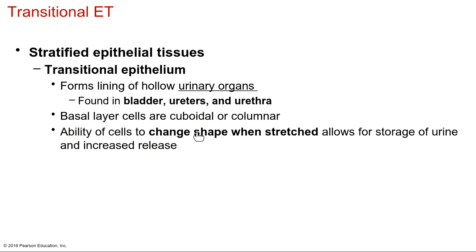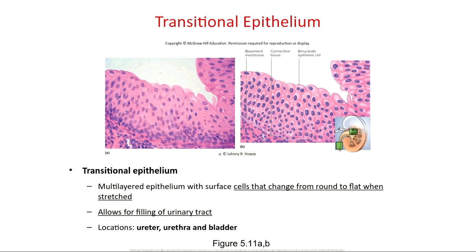And then vice versa. When the bladder empties, when there's no more urine there, we need that bladder to go back to a non-stretched state. With transitional tissue, I like the one on the left here because you can really look at the nuclei and see their shapes. Remember, when you're trying to pick out what kind of cell it is, whether squamous, cuboidal, or columnar, look at the cell shape.